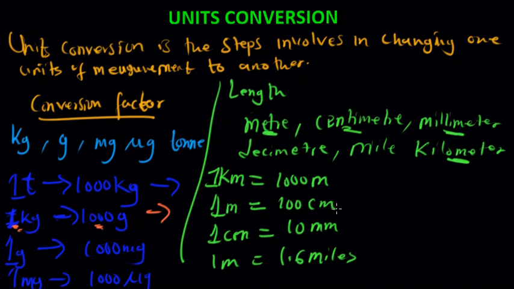So this is it. Actually, this one is not correct. 1 meter is equal to 0.0000621 miles. So that is the conversion factor for miles and meters.